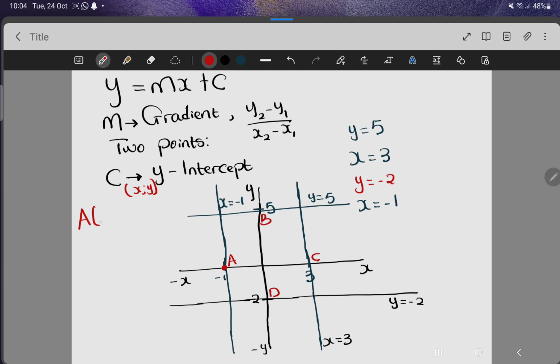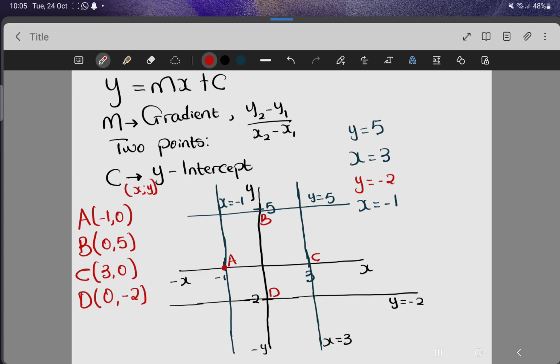So A will be negative 1 and 0. Then B, because that is on the y axis, x is 0, so that will be 0 and 5. Then C, we have 3 there, that will be 3 and 0. Then D will be 0 and negative 2. Then we are done. That is how we write the coordinates.